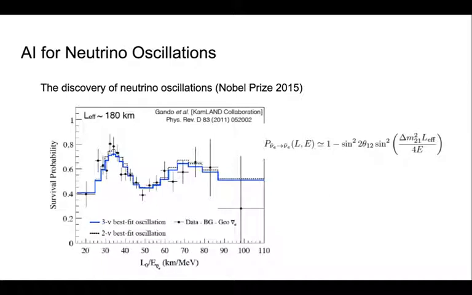This plot shows you the survival probability of a particular flavor of neutrino, the electron neutrino, at different places along the experiment's baseline. Sometimes you see more electron neutrinos and sometimes fewer, meaning the electron neutrinos oscillate into other flavors. And in order to identify signal from background, we need to apply AI algorithms such as neural networks for this kind of experiment.